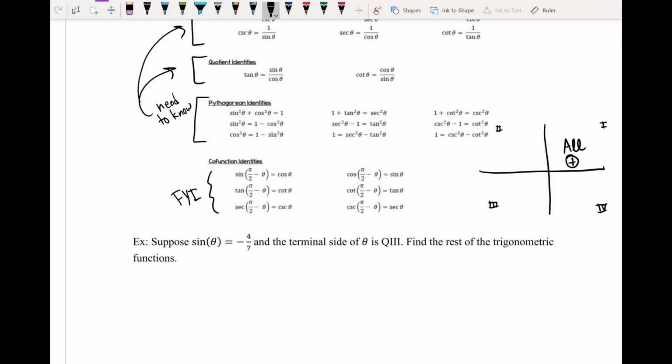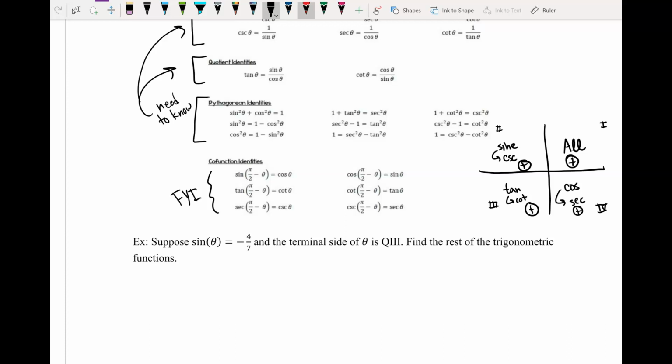In the second quadrant, only the sine is positive. And since the sine is positive, the cosecant should also be positive. In the third quadrant, tangent is positive. And because tangent is a reciprocal of cotangent, that means cotangent also is positive. And in quadrant 4, cosine is the one that's positive. And as a consequence, secant will also be positive.